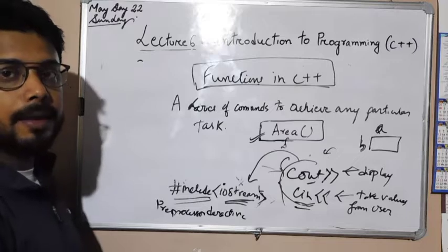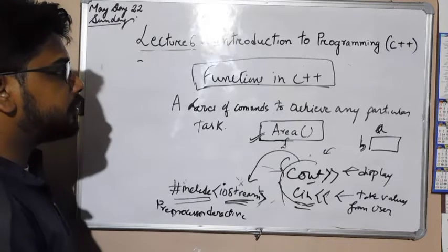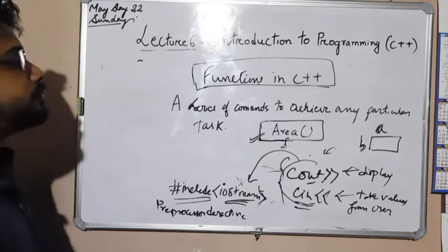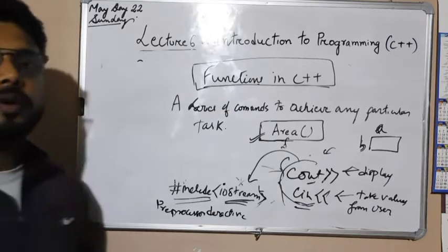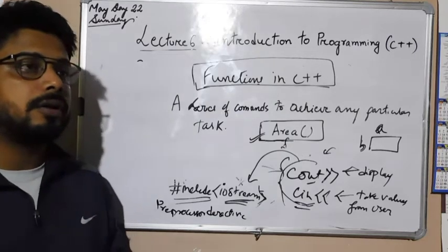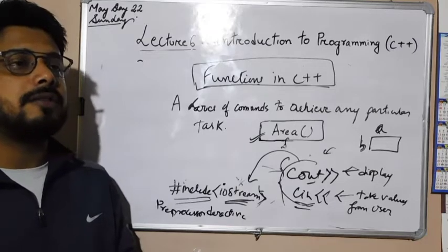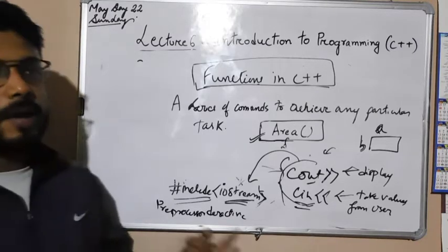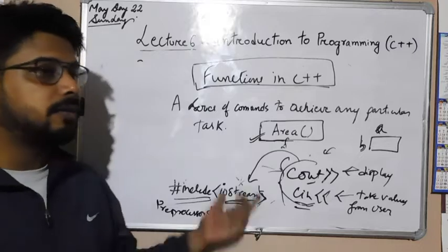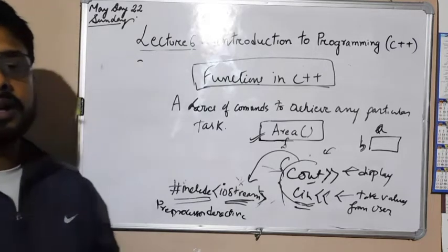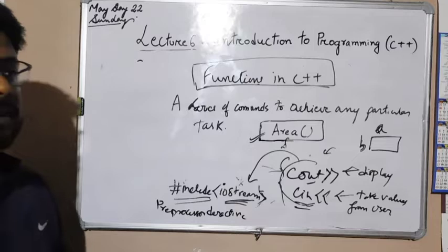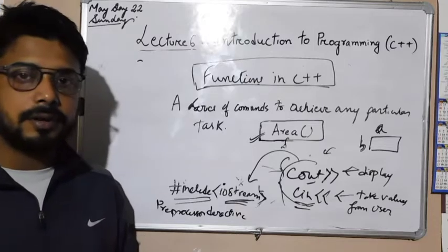Getting it? I hope this thing is clear, students, and I would like to tell you to practice more and more programs. Look out for various kinds of programs. For example, let's say you have programs of finding whether a number is prime or not. Just now in today's video, we did whether a number is even or odd. Similarly, you can do programs with the factorial of a number.